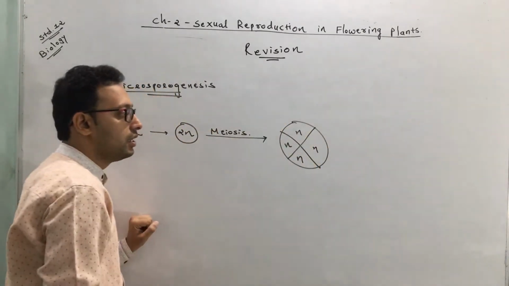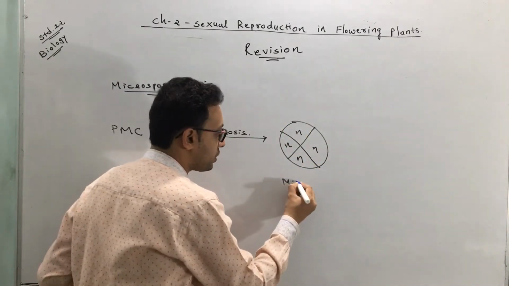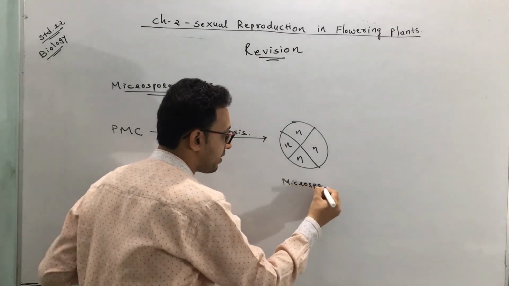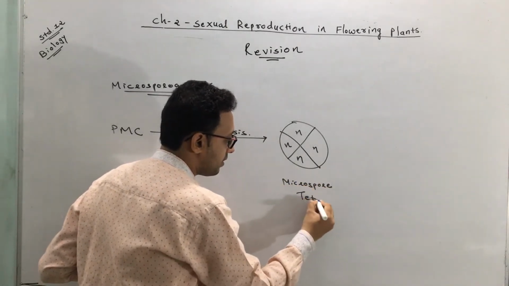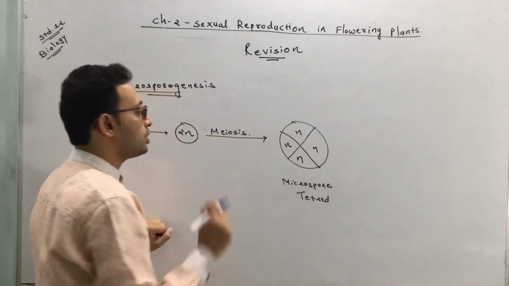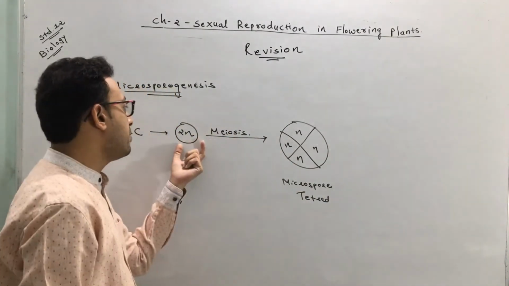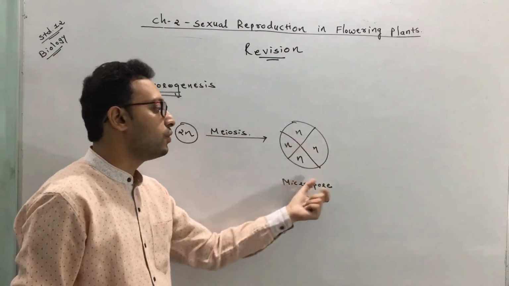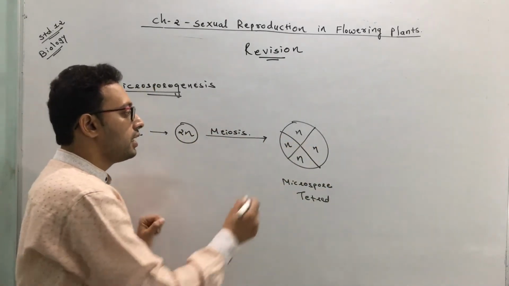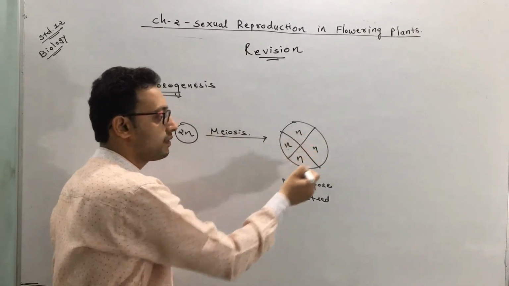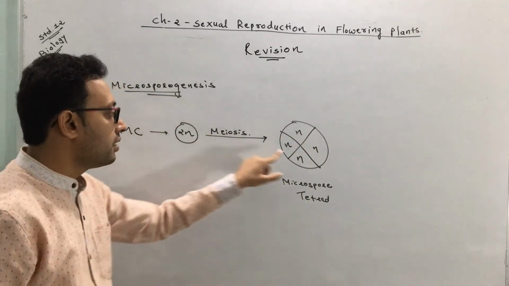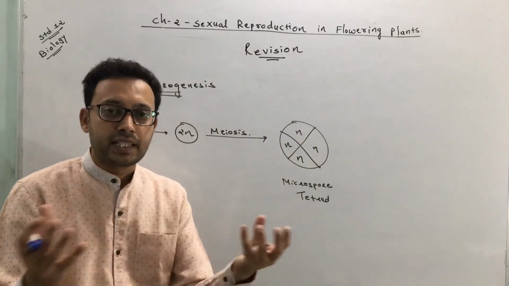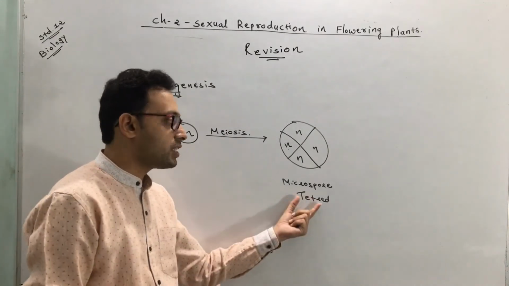N. Okay, so this structure which is formed is called a microspore tetrad. As it is a meiosis process, obviously one pollen mother cell generates 4 microspores or a microspore tetrad, and the number of chromosomes gets halved compared to the parent. Initially, these 4 cells remain attached to each other.